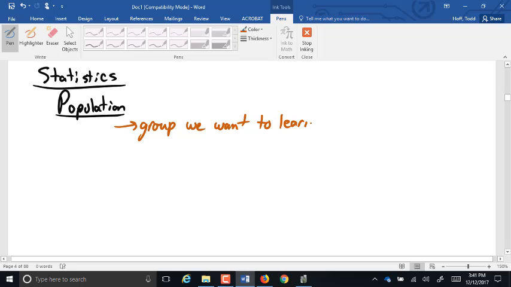It could be people, it could be parts on the assembly line, any group of things that you want to learn about. A parameter describes the population.